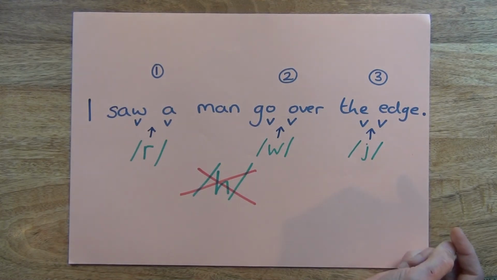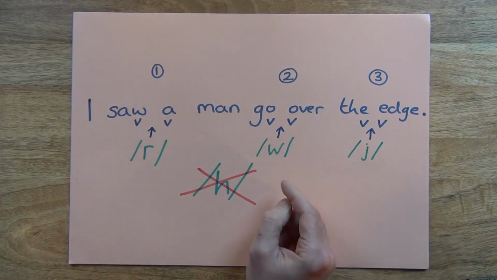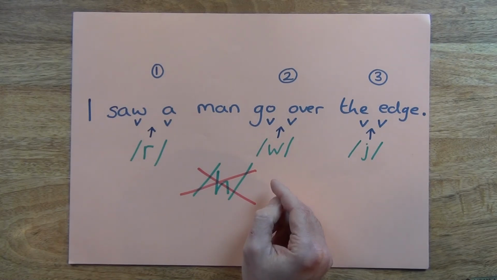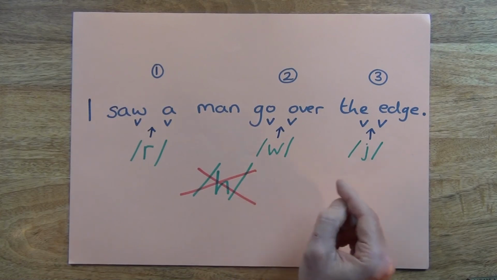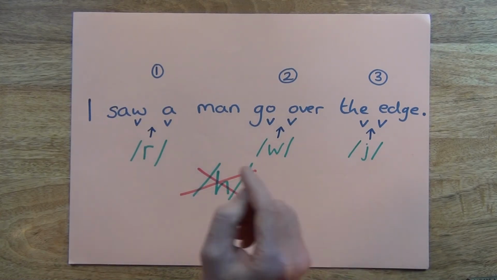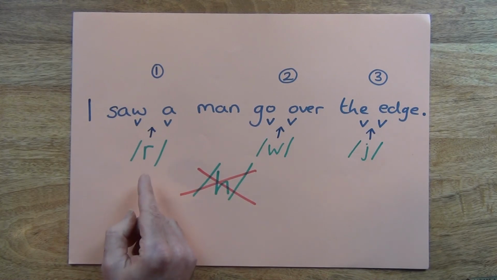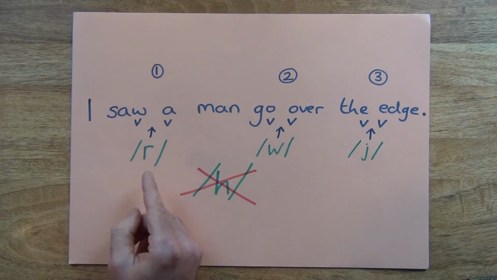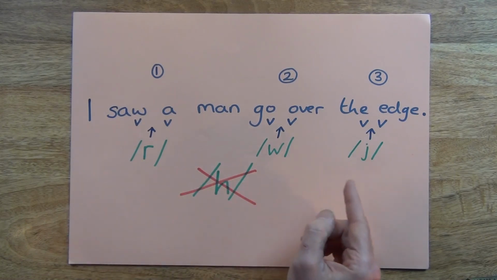The edge. Go over. Go over the edge. Saw a. I saw a man go over the edge.